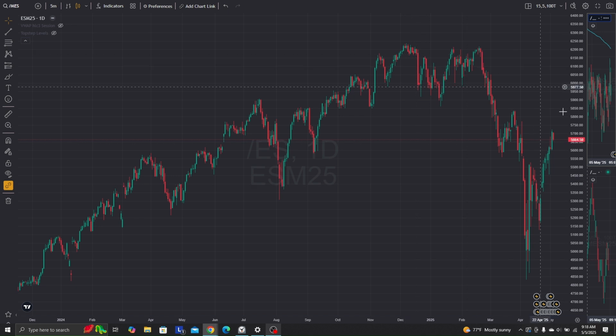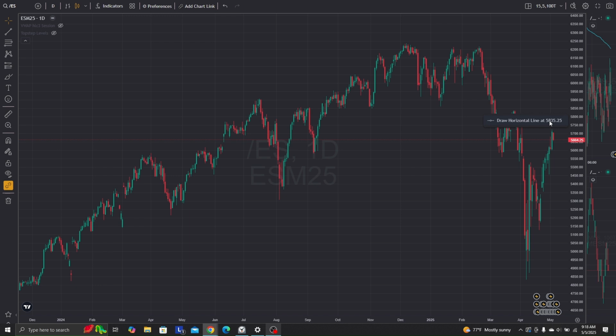So we have this level up here, which would be this lower high that we made on the way down, and that would be sort of our next target on the upside. You see it also coincides with this resistance level here and here, and this resistance turned support here when the market was trading up here.